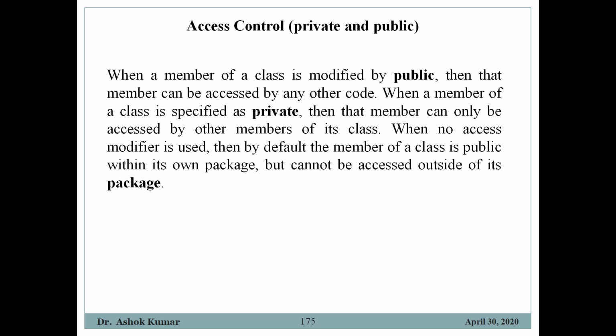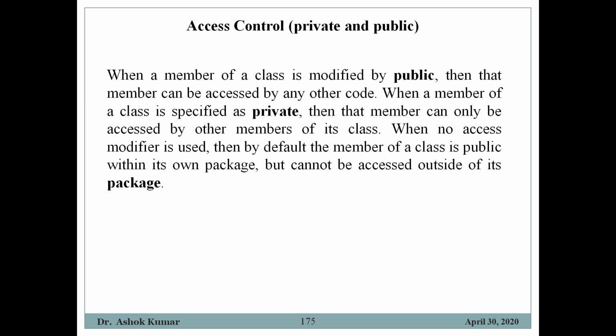By default, if in a class you are not using any access specifier for the method or for the instance variable, then the method and the instance variables are public within the package. So within the package, this is important.